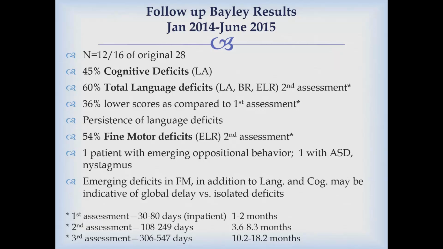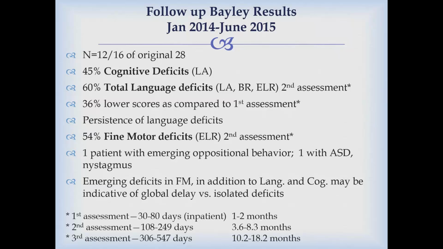Since then, our neurodevelopmental pediatricians have followed up on the original 28 infants after their discharge to home. They've so far been able to follow up on 16 of these children, of which we have data for 12.